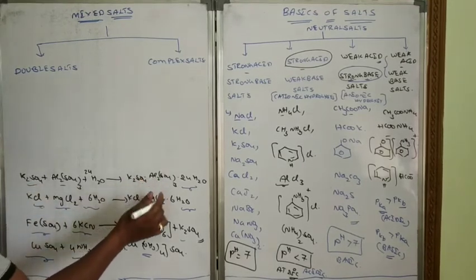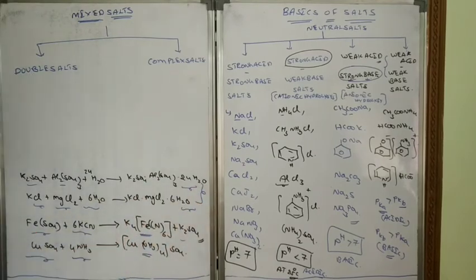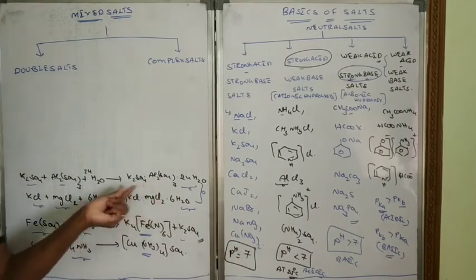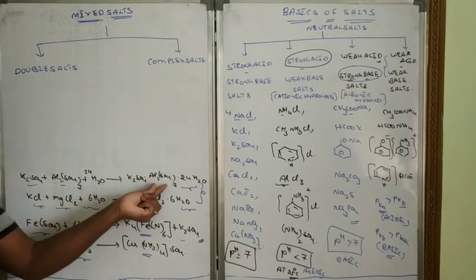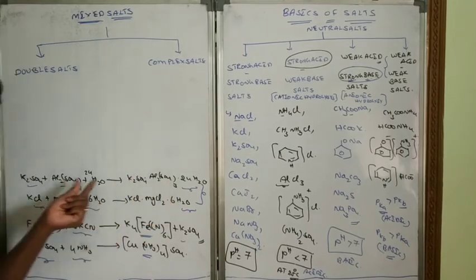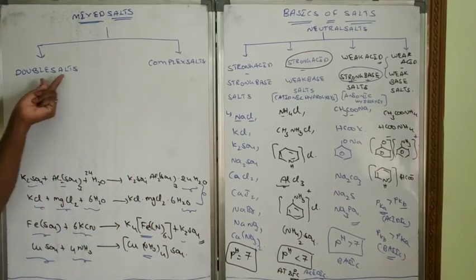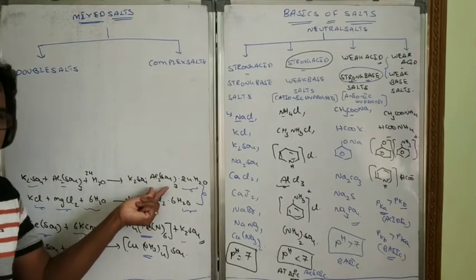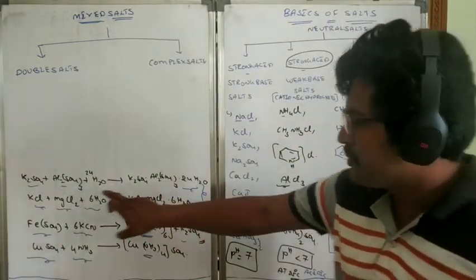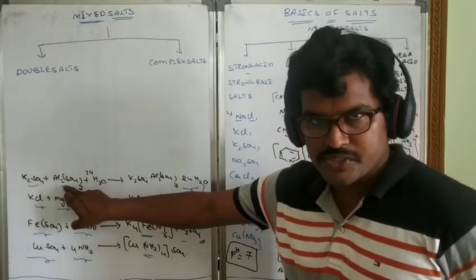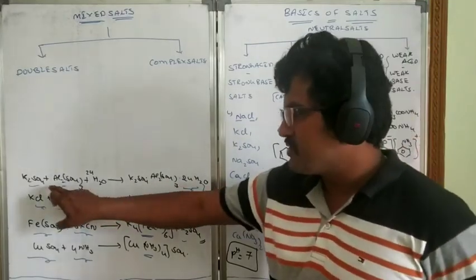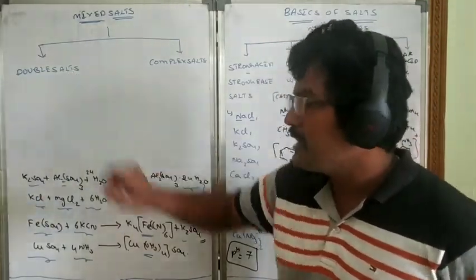So whenever a salt is formed by combination of two or more salts, and which when dissolved in water produces the same ions as those present in the parent salts, that is known as a double salt.